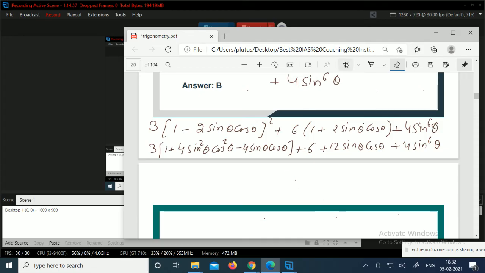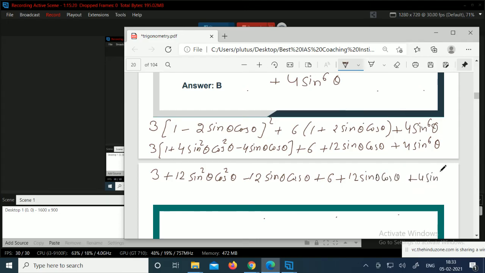Again simplifying, this is 3 plus 12 sine square theta cos square theta minus 12 sine theta cos theta plus 6 plus 12 sine theta cos theta plus 4 sine 6 theta.